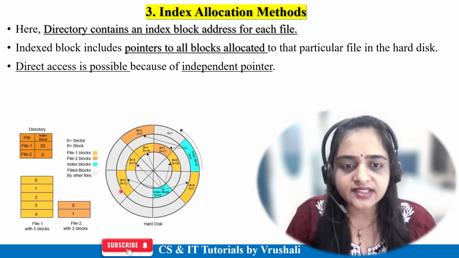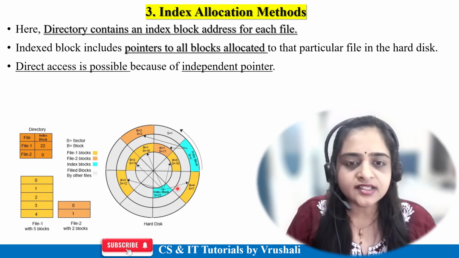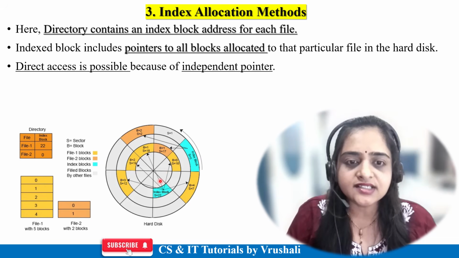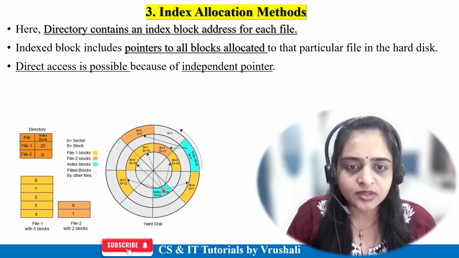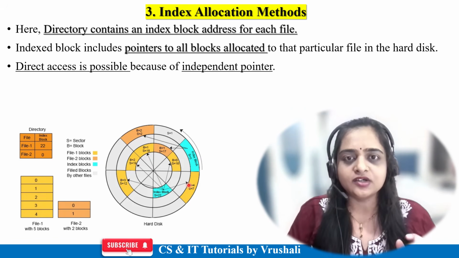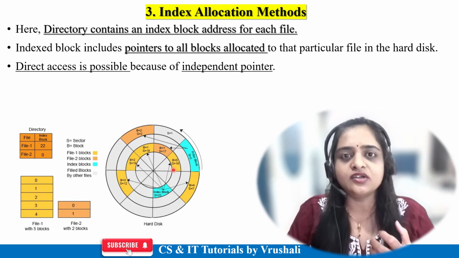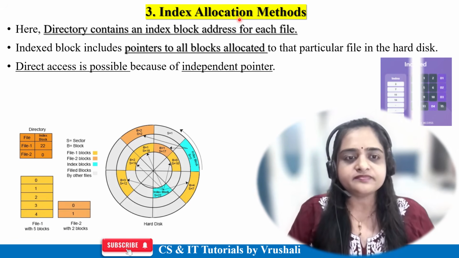So on this hard disk, one sector is allocated to store the index of a particular file. Like file 1, the index is 22, and from that index it uses the concept of pointer. See, index 22 points to block 0, again index 22 points to block 1, block 2, block 3 and block 4. Got it? So basically the index points to all parts of that particular file. This is called the index allocation method.